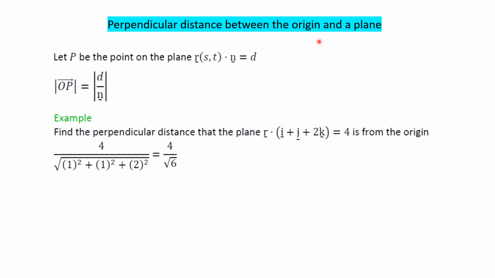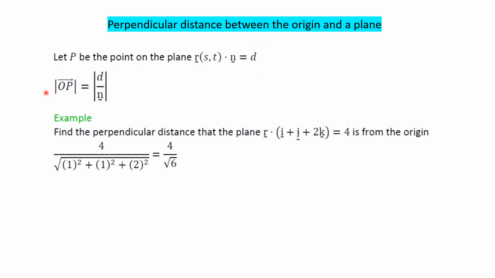Alright guys, so this time we want a specific point. This time we want the perpendicular distance between the origin and the plane. So you let point P be the point on the plane, so you have r dot n is equal to some constant.